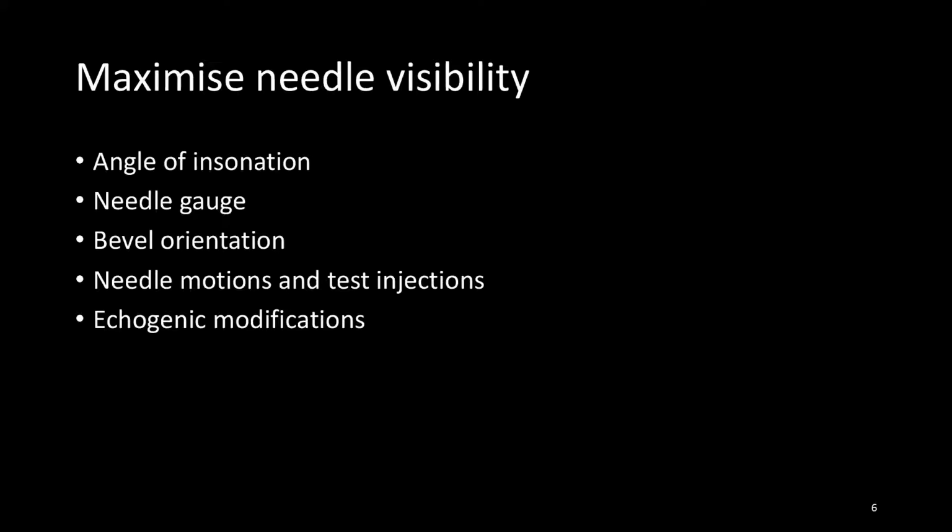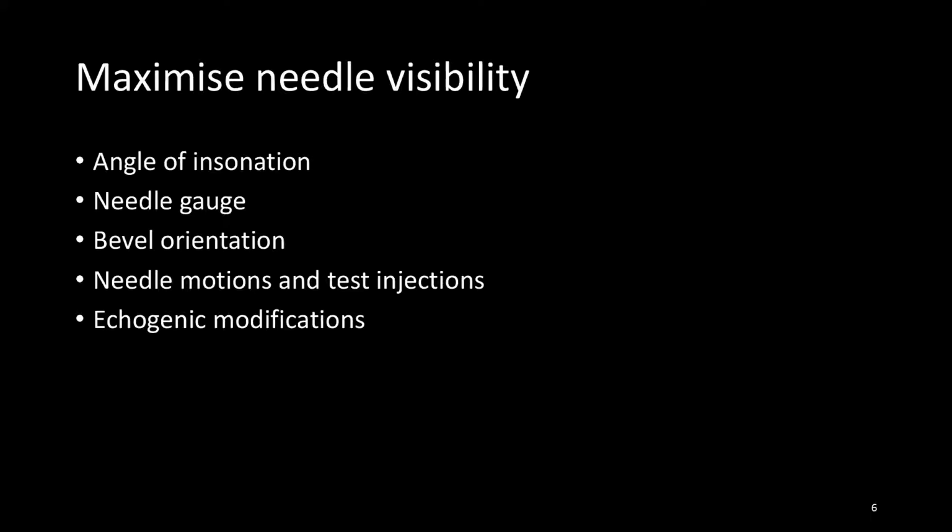And when we go in a steep trajectory, it results in poor visibility of the needle. Likewise, when we use a large gauge needle like 18 or 19 gauge, we get better needle visibility. But using a large gauge needle generally creates greater tissue trauma and causes discomfort to the patient.